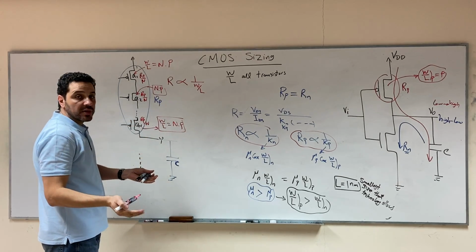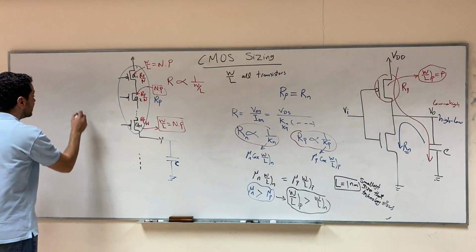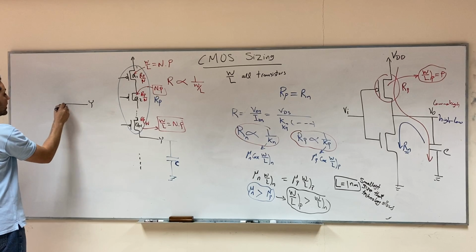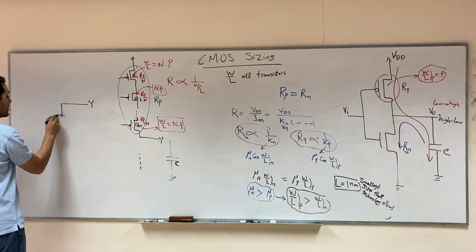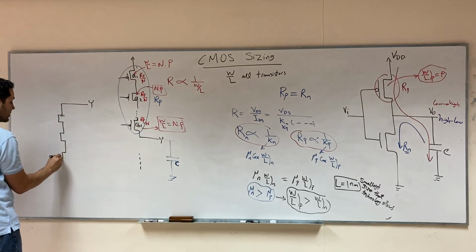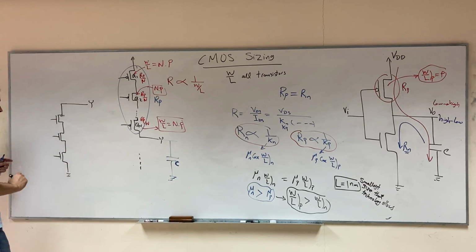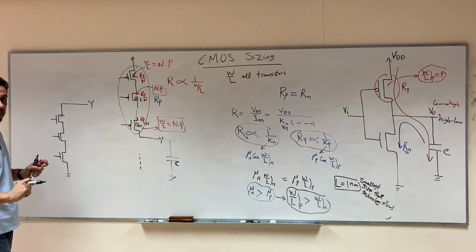Same for the pull-down network. If you have a pull-down network, let's say with some series NMOS transistors, let's say 3 in this example.